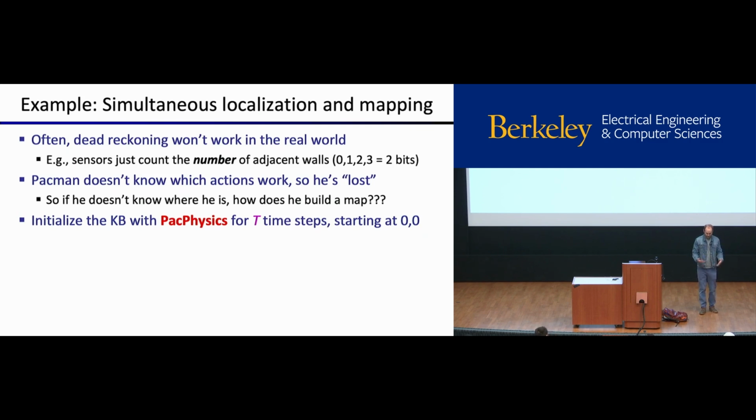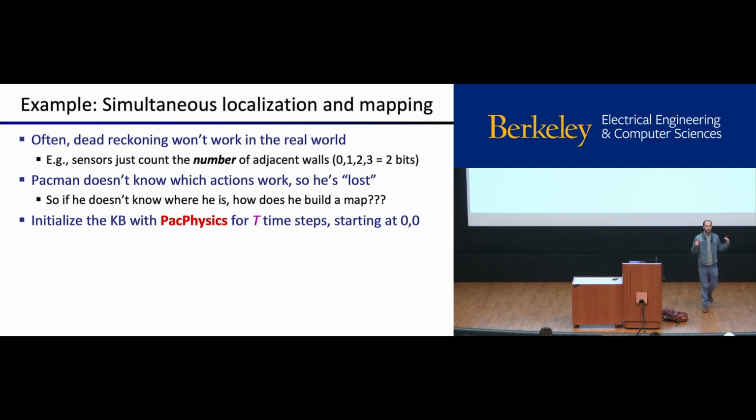If I wasn't blocked the first time, then I would move north, I'd move back south, I'd be back to where I started. It couldn't possibly be the case that in the first time step there were 2 walls around me, and in the third time step there were 3. So it must have been the case that I was blocked to my north the first time, and that's why the number of walls around me stayed the same between the first and second time step.